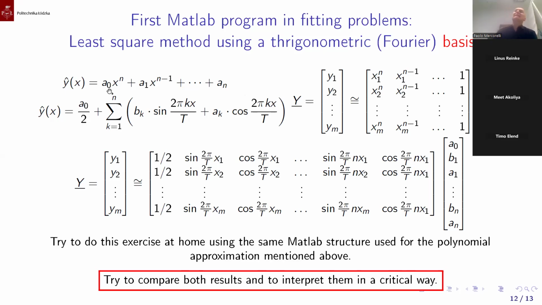We can see it as a sum of k starting from 0 up to n of a_k multiplied by x to the power n minus k. We can see the sequence. If you want to compare formally with this one, this is also a sum.